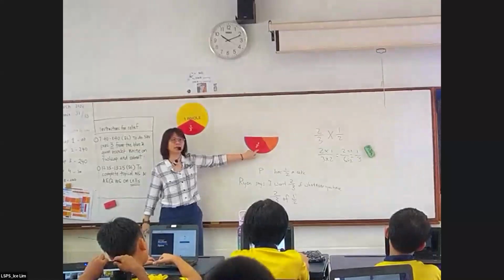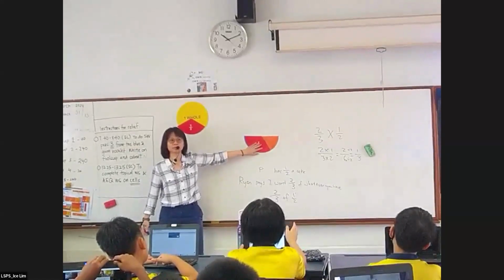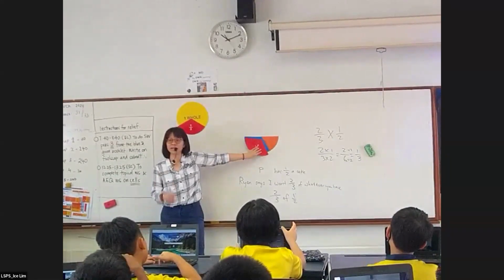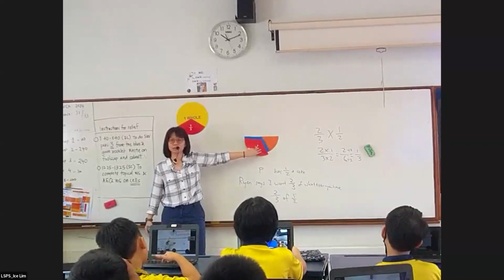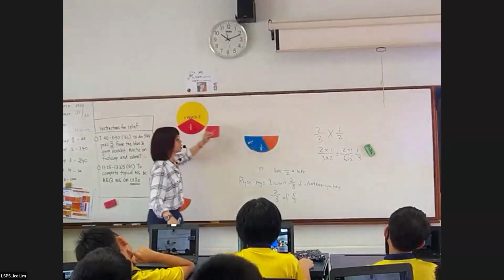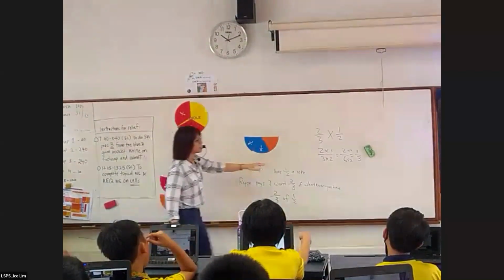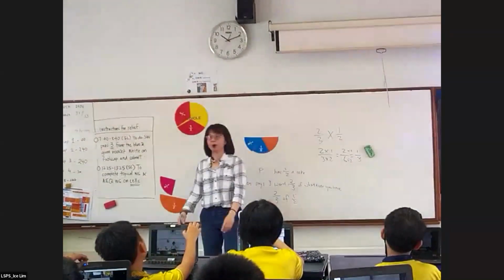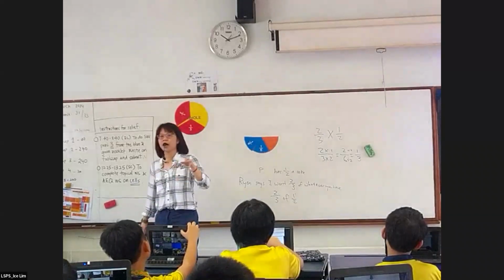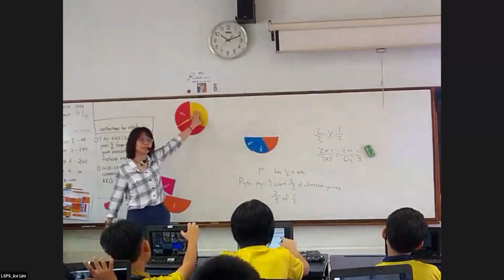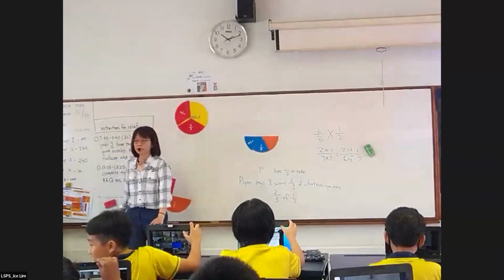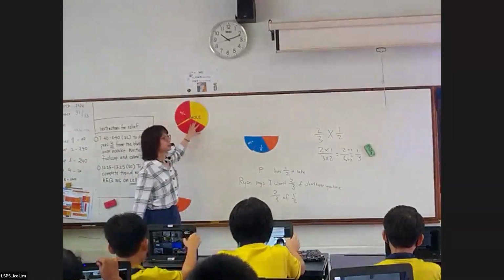But what is 1/3 of now? Is it 1/3 of Pranavika's share? Thank you, Sasha. This is 1/3 of the whole cake. So the answer at the end is actually talking about Ryan having how much of the whole cake eventually. Do you understand?